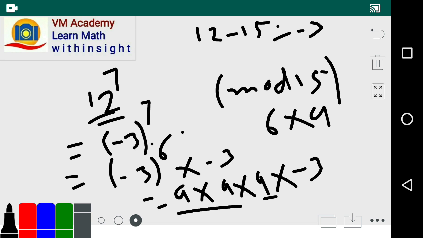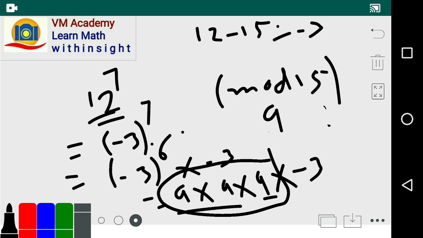54 divided by 15 gives 9 as the remainder, friends. Up to this point we get 9. Replace this by 9. So 9 into minus 3 becomes minus 27.